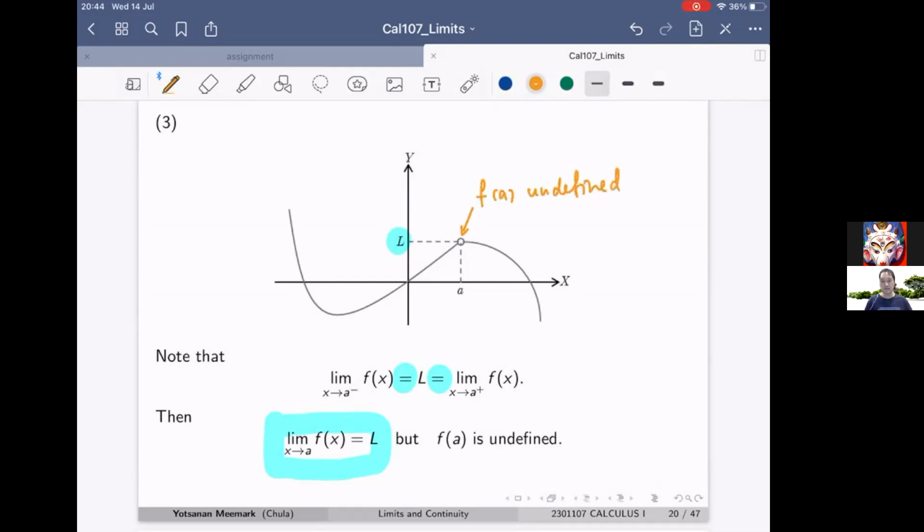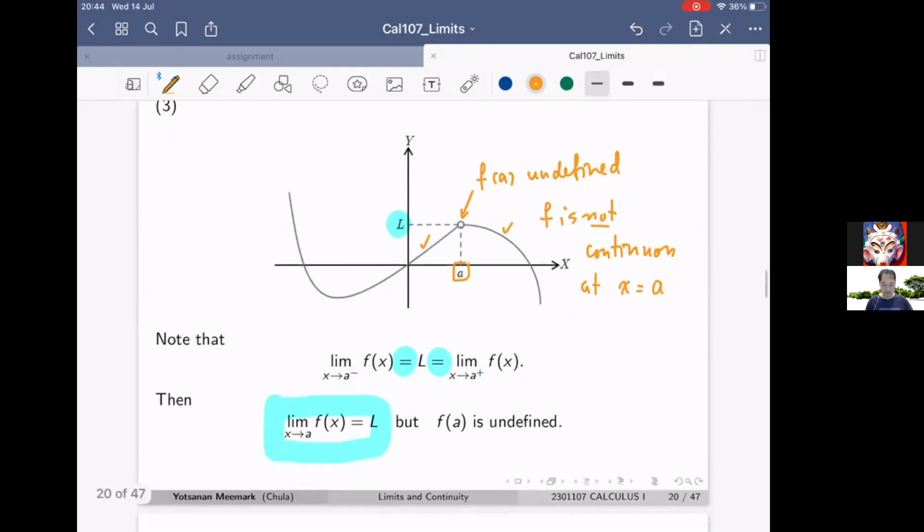So at this particular point, you got two pieces of the curve, one piece here, one piece there. So your f is not continuous at the point x equals a under consideration.